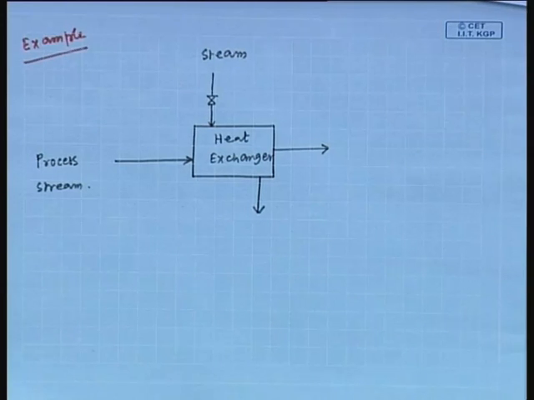Fine. Now, for the feedback controller, the controlled variable is usually measured, but for the feed forward controller, the disturbance is measured.